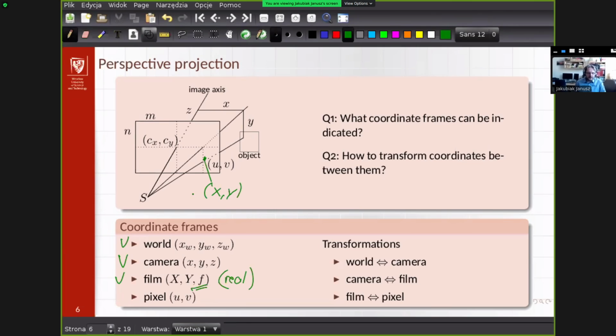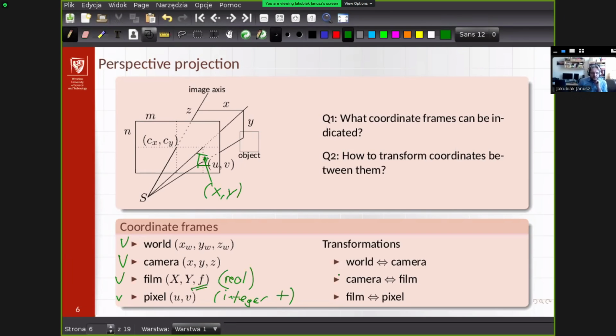Then this x and y coordinate of the object is a part of a pixel that is located in a certain row and column, and this one is an integer, in fact a positive integer. It is the number of the row and column of the image that you get here, so the raster image from the film.